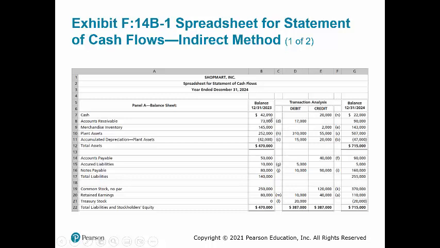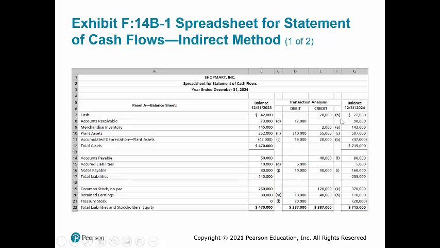Then let's look at accounts receivable. At the beginning of the year, accounts receivable was $73,000, and at the end of the year it was $90,000, which means that it increased by $17,000. So you would have a debit to accounts receivable for $17,000. You go through and do the same type of analysis for all of your assets, liabilities, and owner's equity accounts.